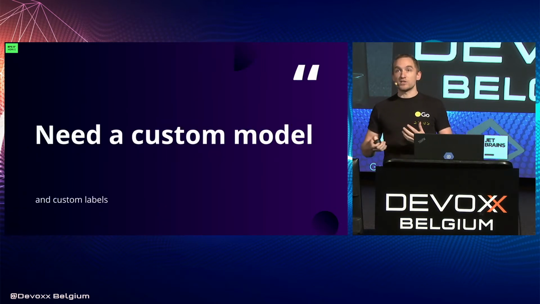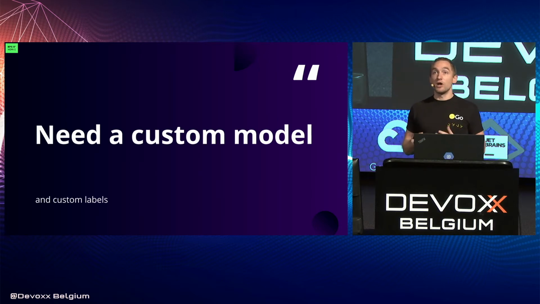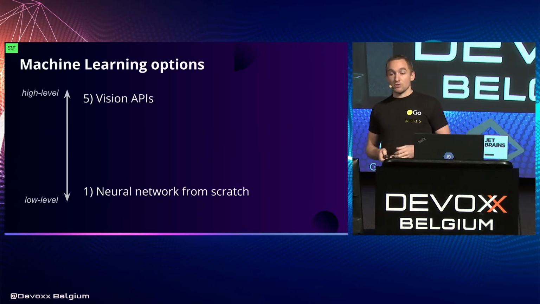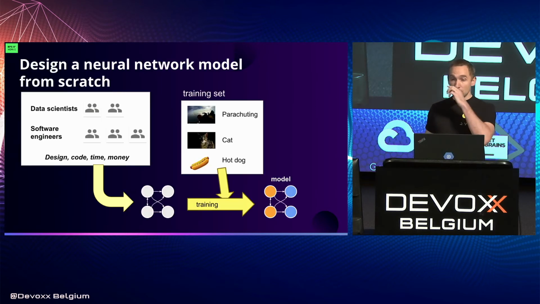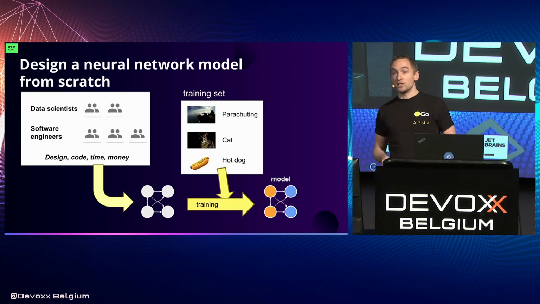Okay, so I need a custom model. I will need my own labels, for example, ripe or immature. I will need to make some more specific inference. So my options here are building a neural network from scratch, which requires a lot of time and money, a big team of very skilled data scientists and software engineers.